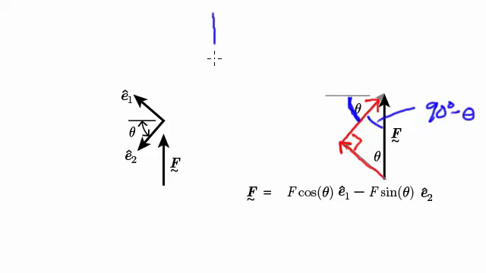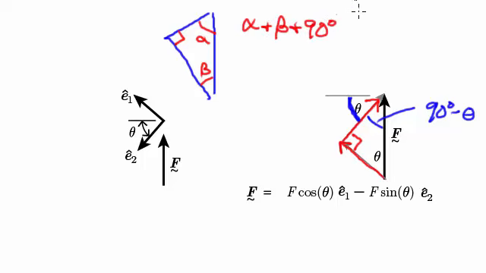And just a little bit of geometry over here on the side. Let's suppose we've got some sort of triangle. Let's say for this triangle, I'm going to call this angle alpha, and I'll call this angle beta right there. And let's say this is a right triangle, so that's 90 degrees. Then alpha plus beta plus 90 degrees, those are my interior angles, have to add up to 180 degrees.